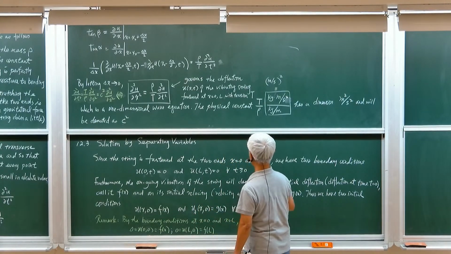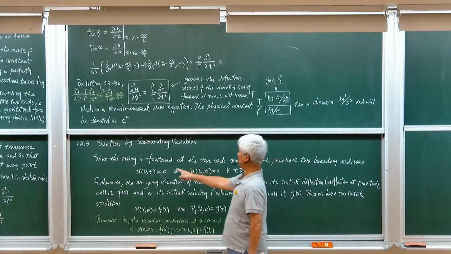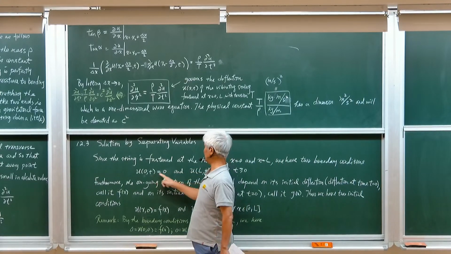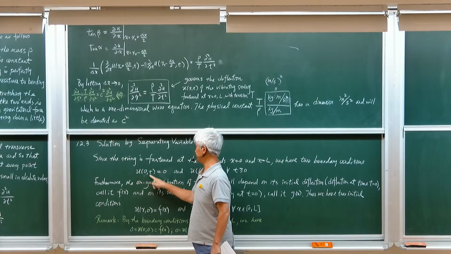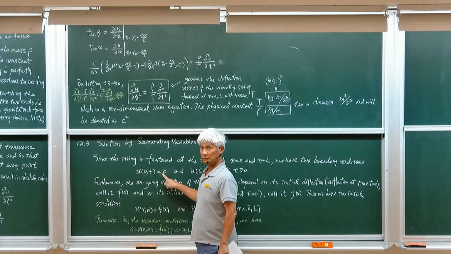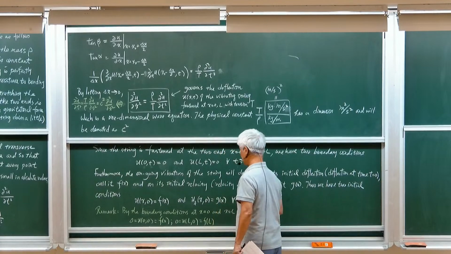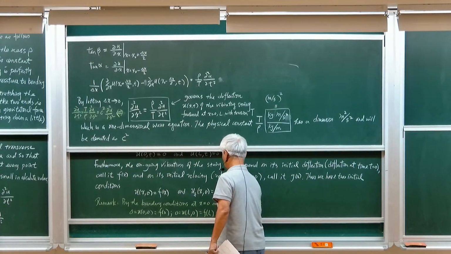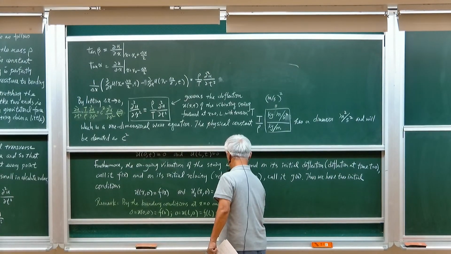How about the velocity? Because for all t this is 0, if you take the partial derivative with respect to t, then the velocity is also 0. So you can see the 0 is also in u_t(0) and u_t(L).